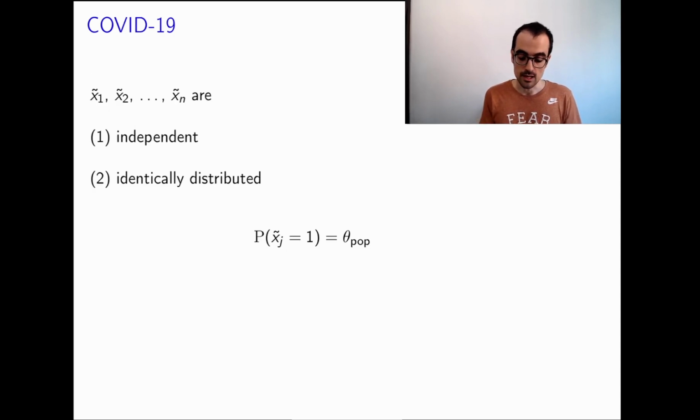Now we're going to look at our other example where there were people that had COVID-19. We want to find out what the proportion of people with COVID-19 in the population is. We have this n subset of people. We have selected them independently and identically at random, uniformly from the population. The probability of testing someone that has COVID-19 is exactly the proportion that we're interested in.